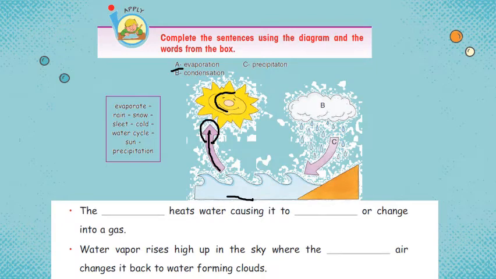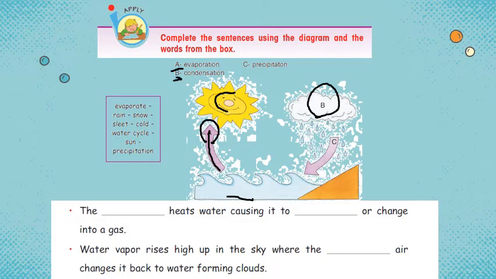Then what happens? The water vapor rises high up in the sky, right? Then the cold air changes it back to water droplets, forming clouds. So clouds are water droplets, okay? This stage is called condensation.